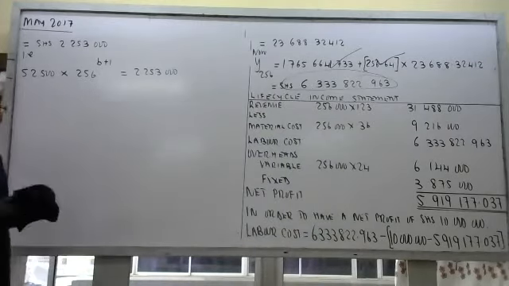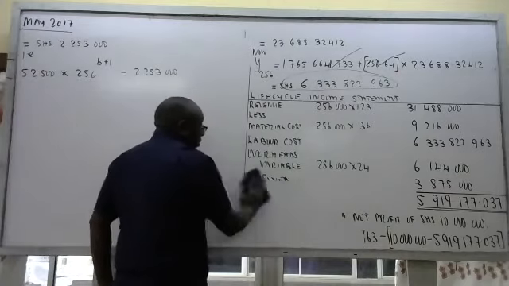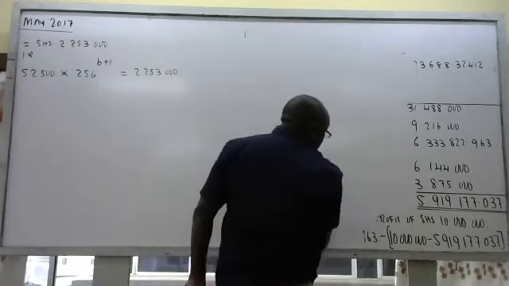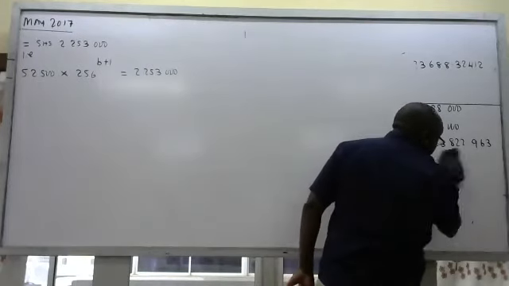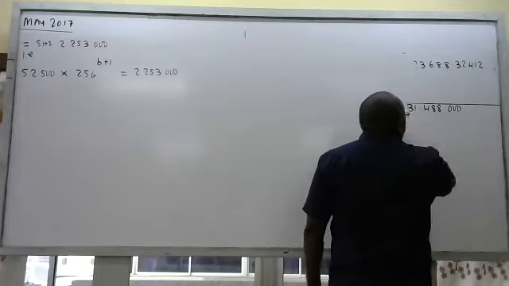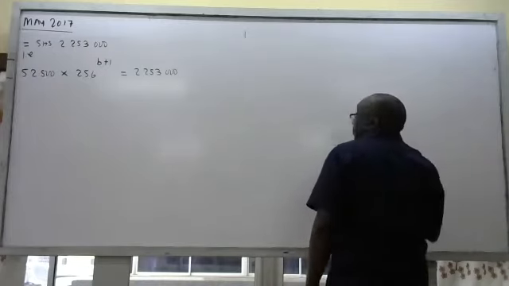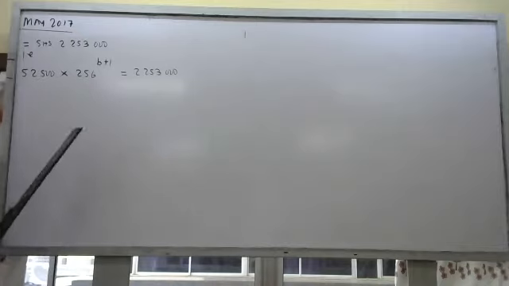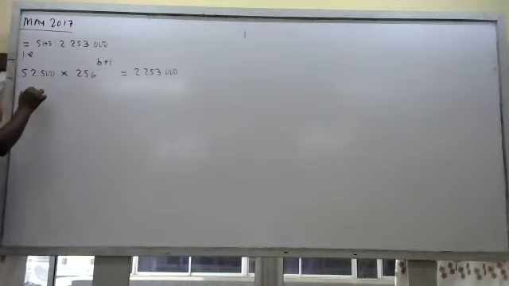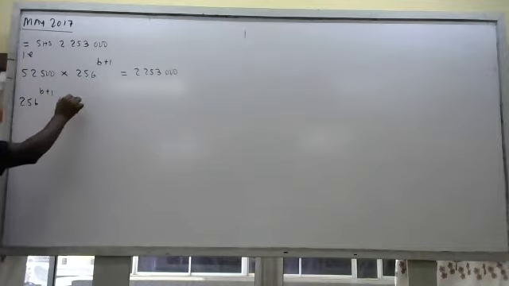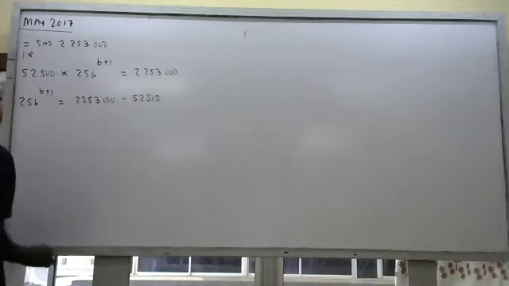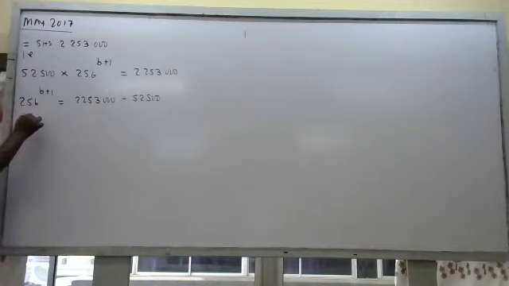So we are now looking for R. This one changes to 256 to the power b plus 1 equals 2,253,000 divided by 52,500.